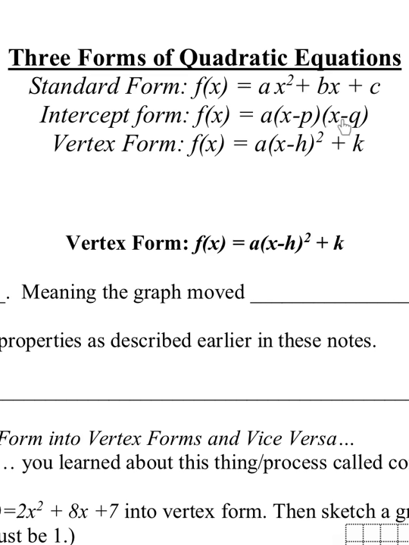It's the intercept form because when we solve for x here, we get the x-intercepts. And the last one is the vertex form. The vertex form tells us where the vertex is, (h, k), and it also tells us the value of a. Okay, so let's look first at the vertex form, this one right here.